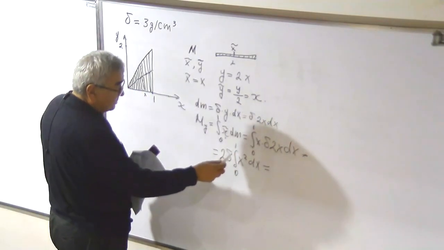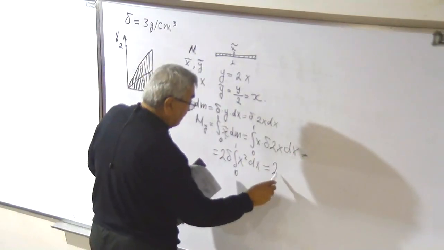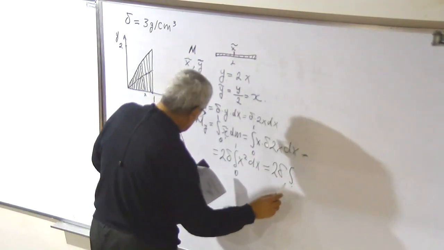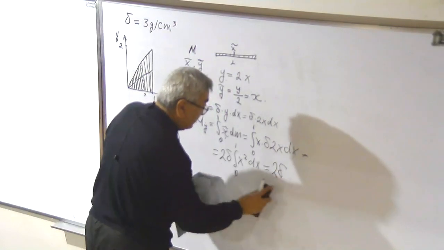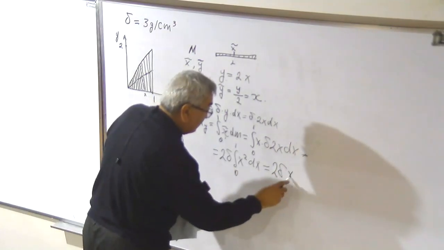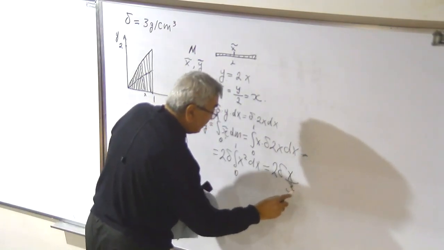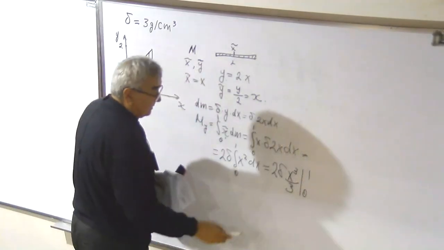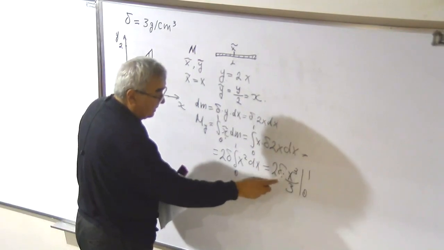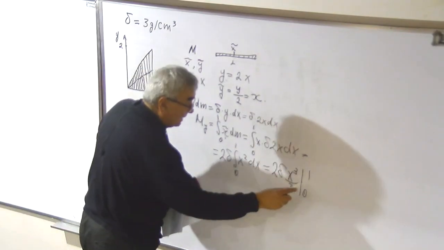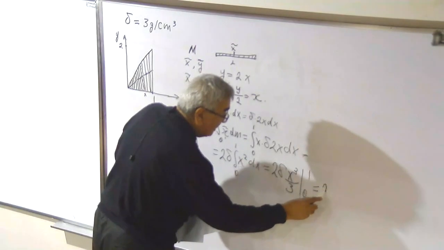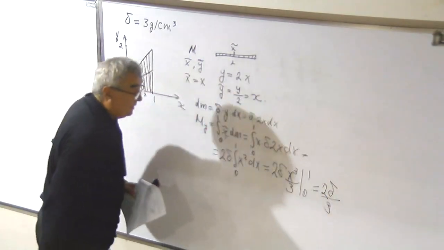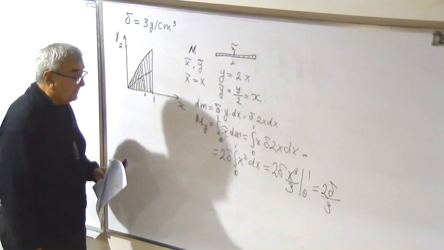That means it will be x cubed divided by 3 from 0 to 1. If you calculate this integral, this will be 1 by 3. That means we receive the answer 2 delta divided by 3.